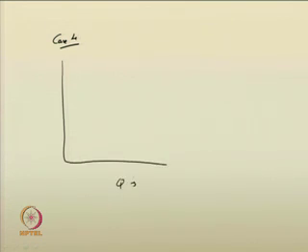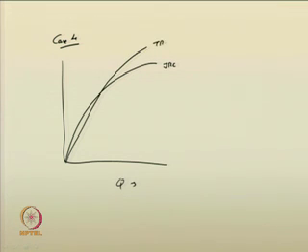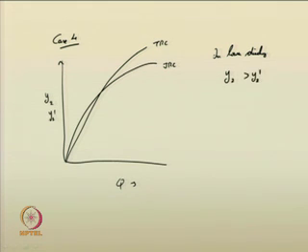Next case, we can suggest based on the rating curves: if you have a jump rating curve like this and a tail water rating curve like this, such curves suggest that for lower discharges you have y2 greater than y2 dash, and in that situation the jump is moved downstream.